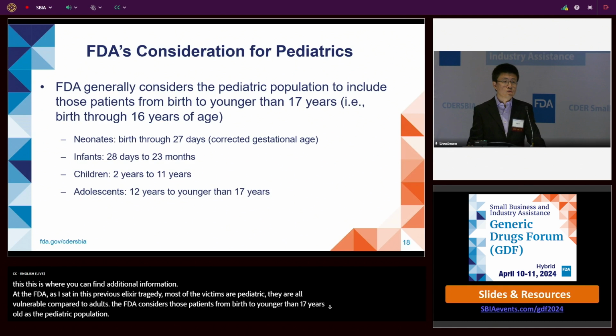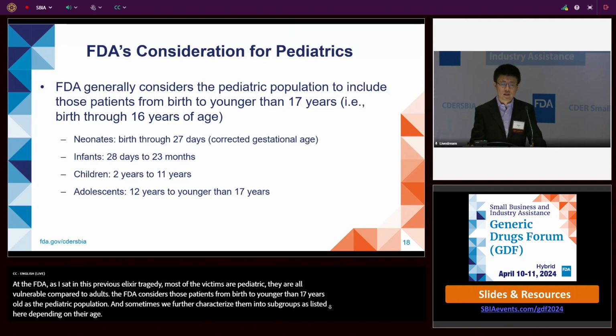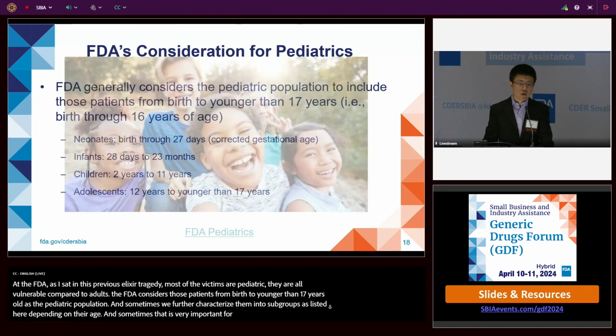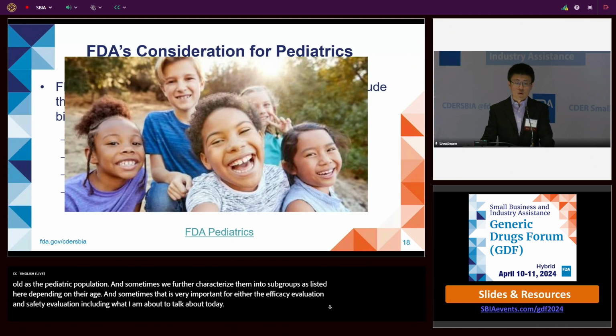Sometimes we further characterize them into subgroups, as I listed here, depending on their age. That is sometimes very important for both efficacy and safety evaluation, including what I'm about to talk about today. You are more than welcome to visit the FDA Pediatric website for more information.